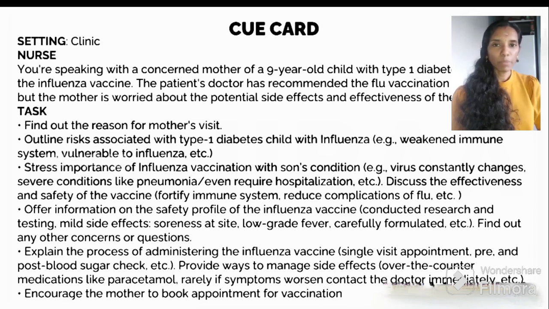So it is clear that the mother has both concerns. So you explain: Oh Maria, I will explain in detail. I'm really sorry to tell you that since your baby has type 1 diabetes, his immune system is weakened and he is very vulnerable to getting influenza.